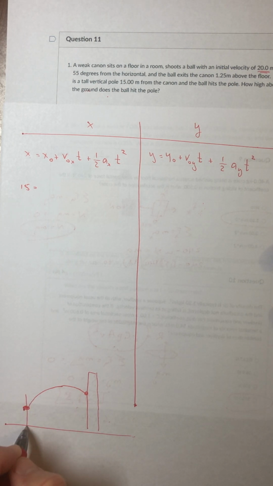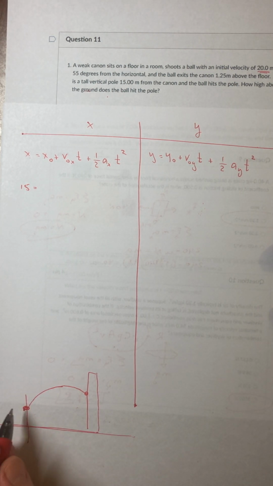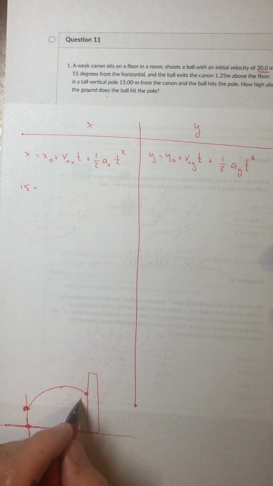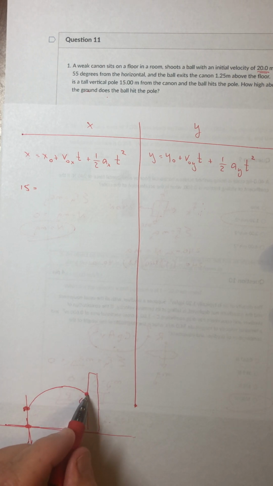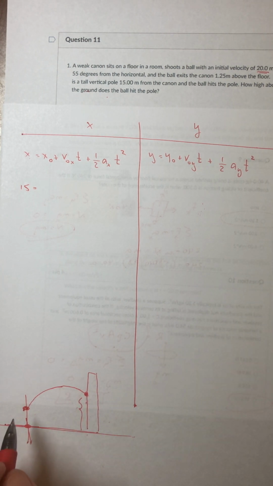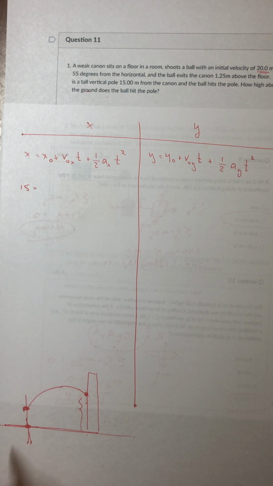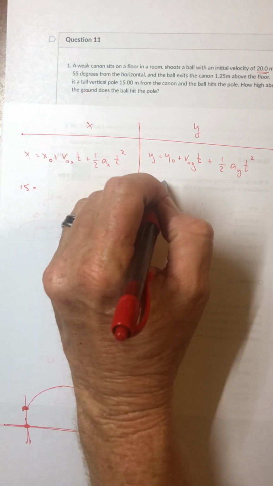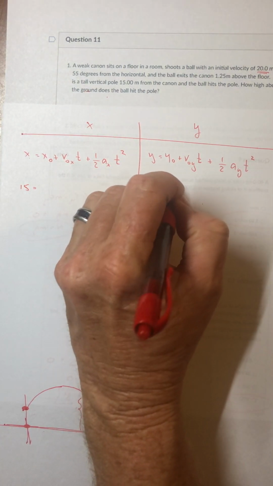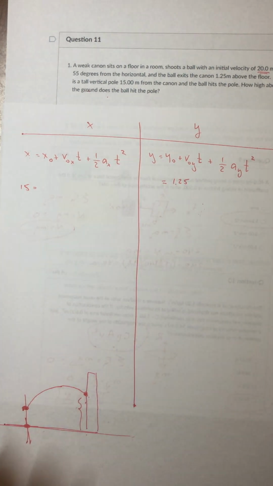But if I put the origin, this time let's put the origin down right below the ball, because ultimately it does say how high does it hit the pole from the ground. So I'm going to be measuring things from the ground. So let's put my vertical from the ground. Which then over here means it's being launched at 1.25, its initial height upward.